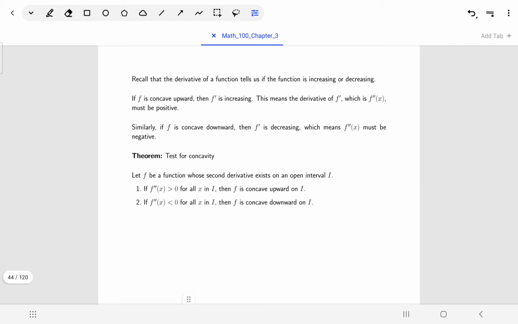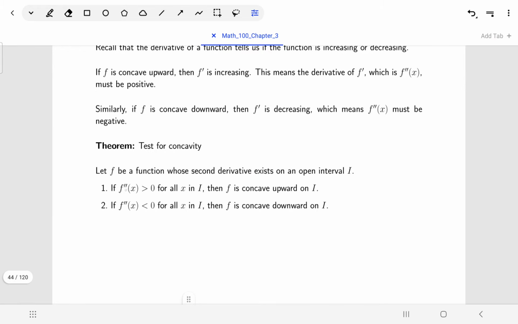So again, it's the second derivative really that's telling us this, because the second derivative is telling us whether the first derivative is increasing or decreasing, just like how the first derivative told us if our function was increasing or decreasing. So here's our test for concavity. If we happen to have a second derivative that's positive, then that's telling us our first derivative is increasing.